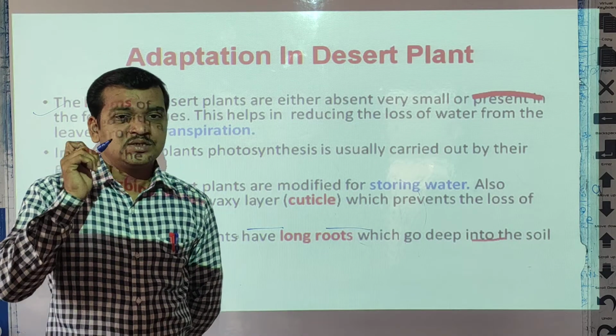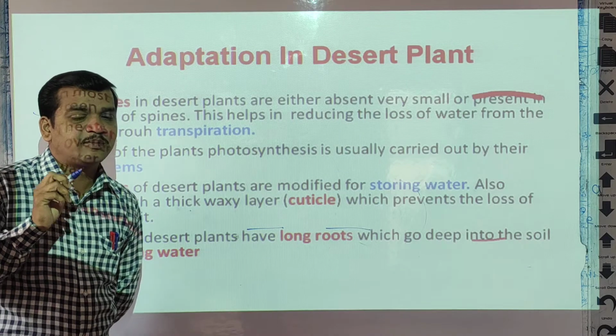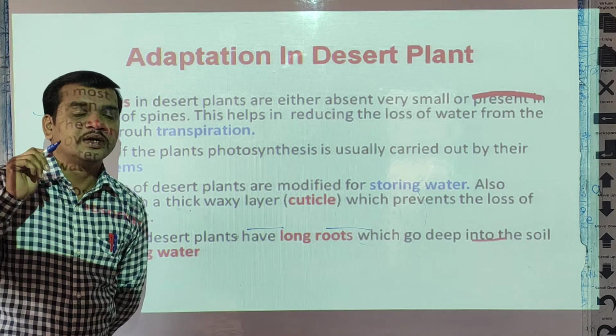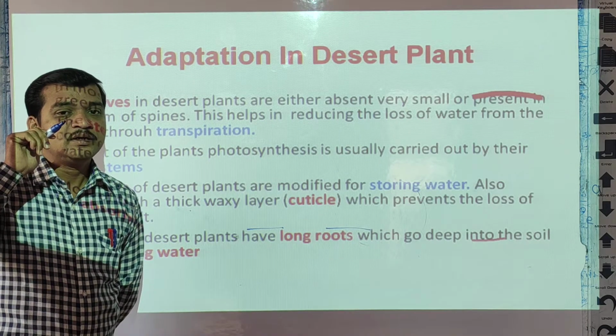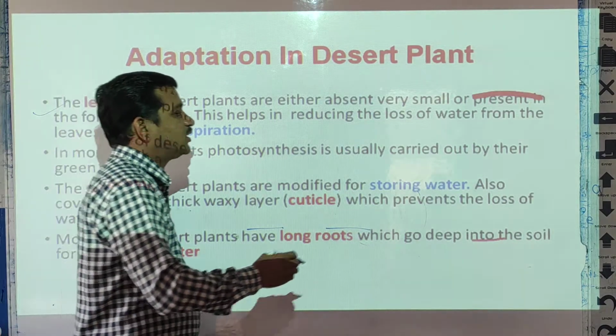And why do the plants have this type of leaves? Because to reduce the loss of water.